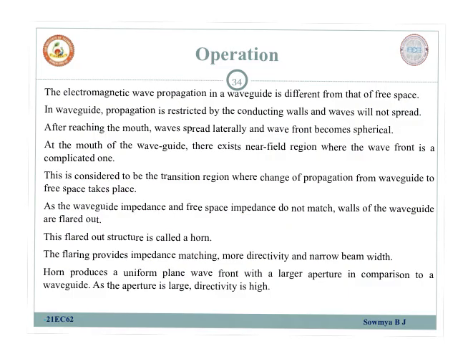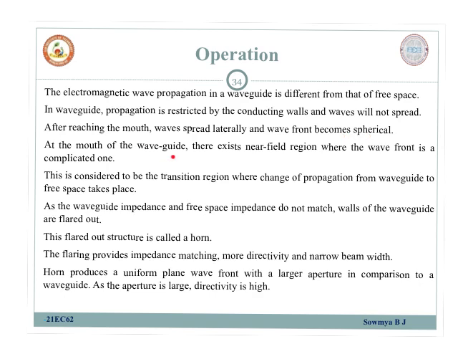Now let us understand the operation of these horn antennas. As we know, electromagnetic wave propagation in the waveguide is different from that of free space. In the waveguide, the propagation is restricted by the conducting walls and the waves will not spread. After reaching the mouth, the waves spread laterally and the wavefront becomes spherical.